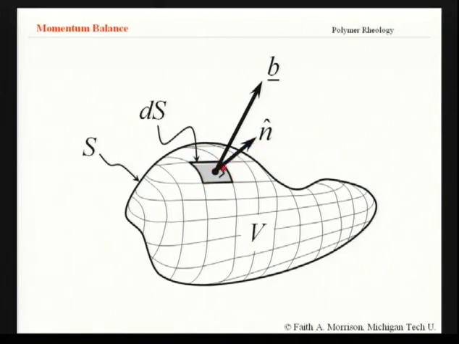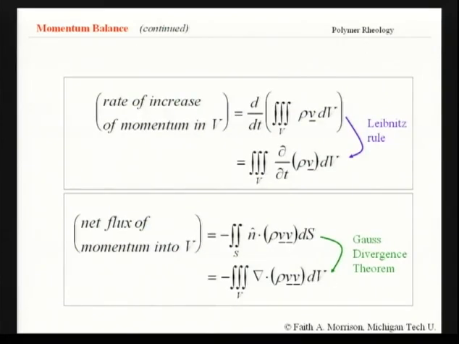And in this sketch, the vector B is just some property that we might be interested in. And in our case, that might be the momentum, because we're doing the momentum balance. So we have these terms. The rate of increase term comes from writing the mass in the total volume and then taking the time derivative.